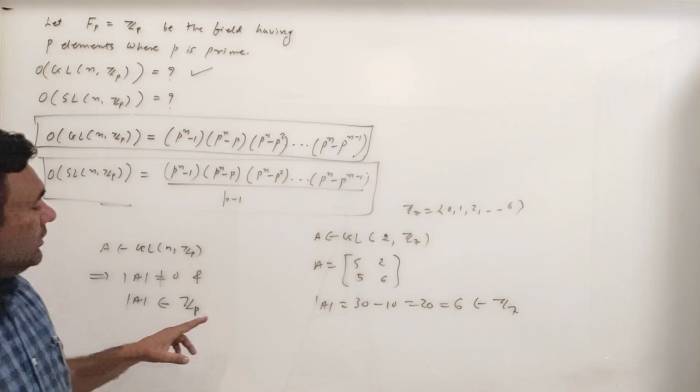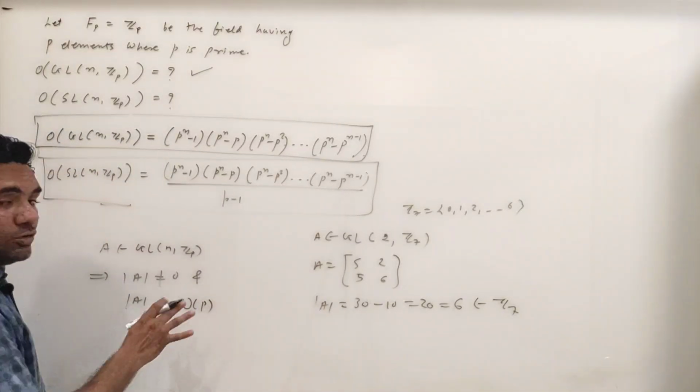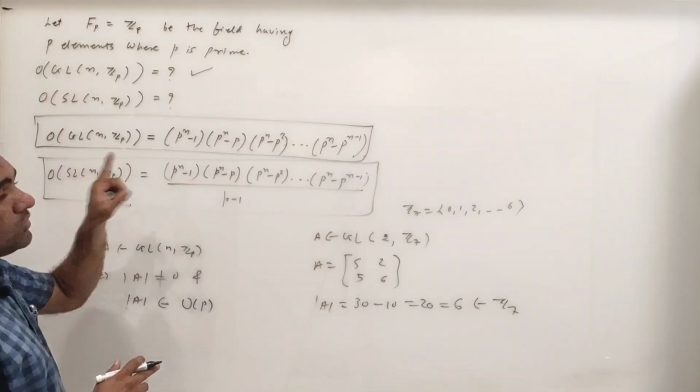Sorry, r belongs to not Zp, Up, because 0 will not be there, right? Determinant 0 is not there.